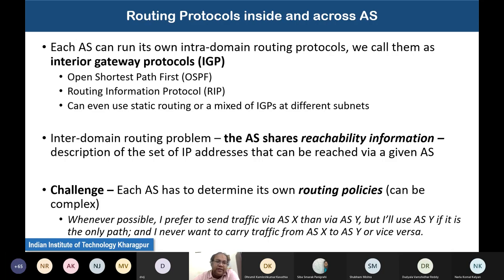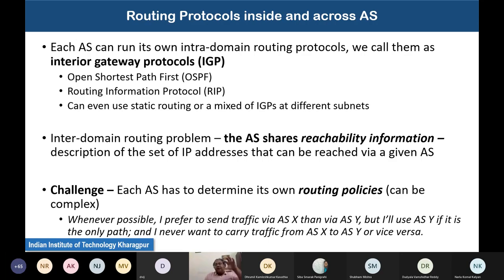Now, in case of inter-domain routing protocols, the main issue is that the autonomous systems share something called reachability information. Later on, we'll see in detail what is meant by reachability information. Broadly, reachability information is a description of the set of IP addresses that can be reached via a given AS.